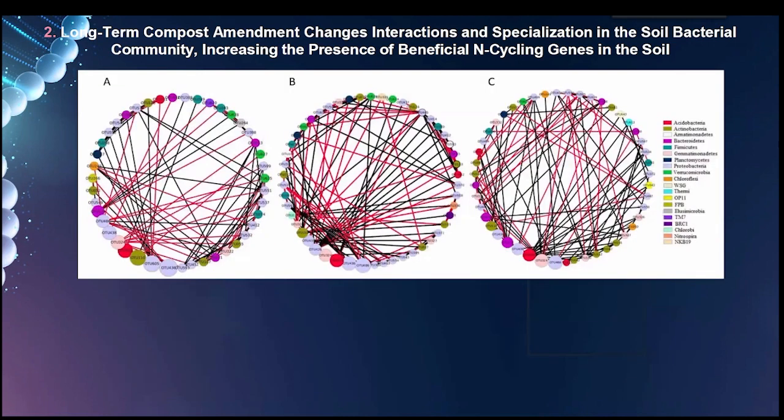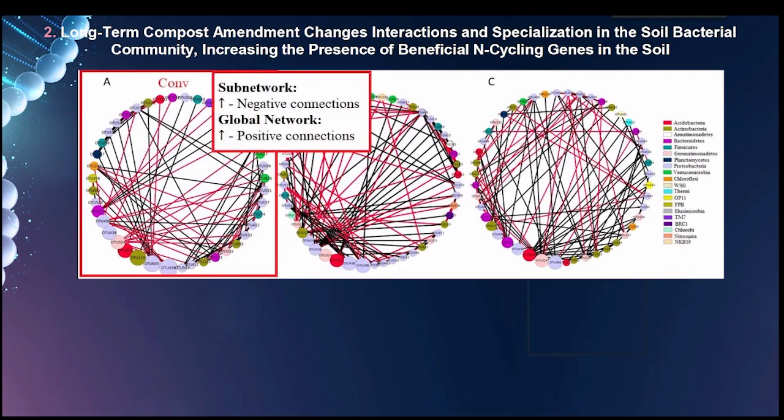Well, to go deeper into the relationship between those microorganisms, we selected the 10 most abundant microorganisms in our samples, and we performed a network. In the conventional cropping system, we found, for example, a higher number of negative connections in the subnetwork, but a higher number of positive connections in the global network.